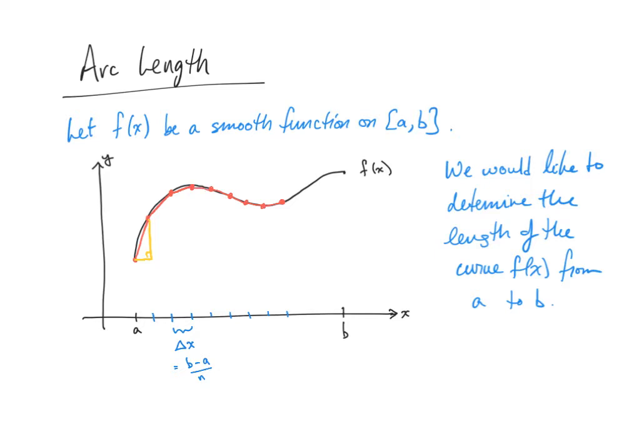And if we add up the lengths of all those line segments, all the way, we're going to get a good approximation to the length of this curve. Each of these widths everywhere, they're all delta x. So actually, I know something about this right triangle. I know that this side is going to be called delta x. That's a good name for it.